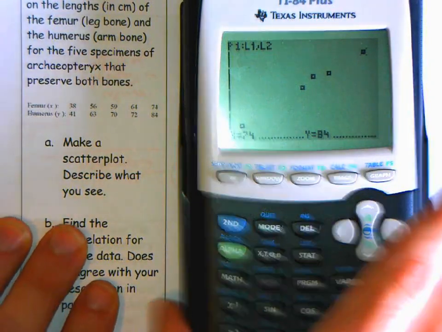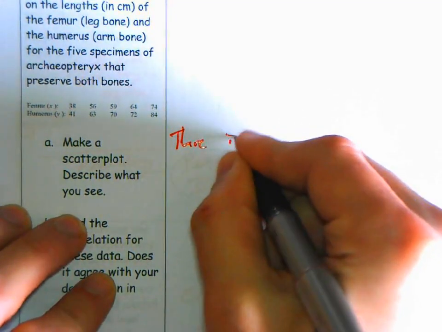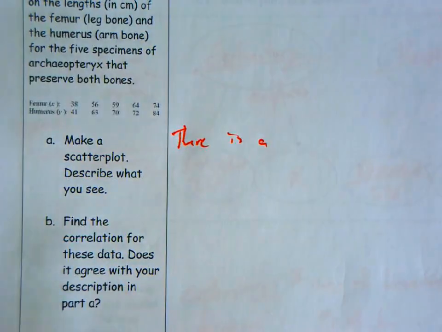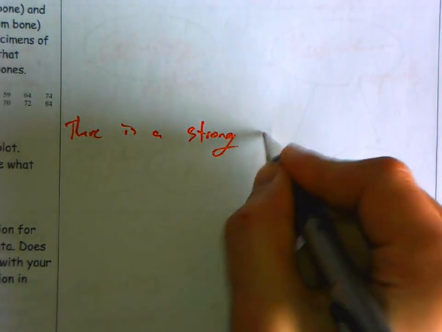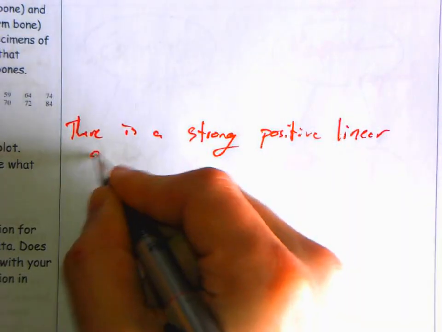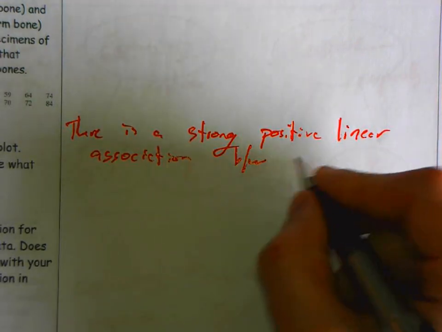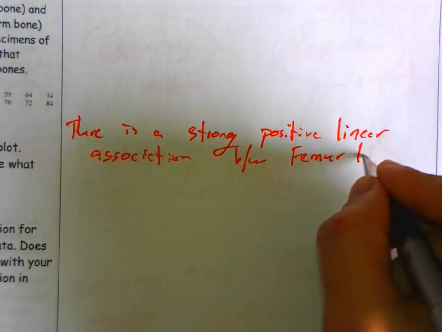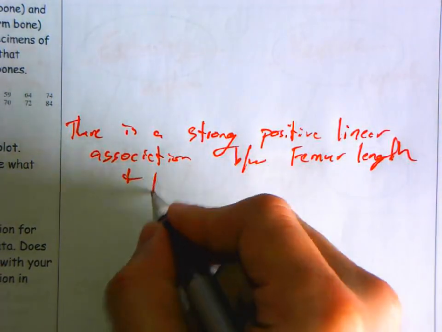What do I see? I'm going to just describe it. Pause it and make sure you can write this yourself. Strong, positive, linear association between femur length and humerus length.